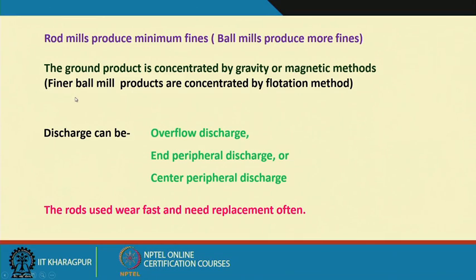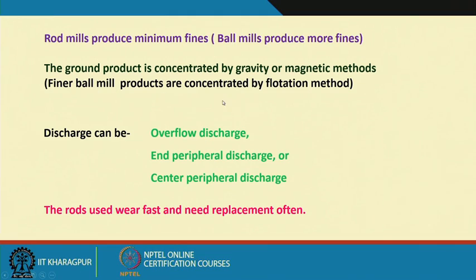But when we are aiming at a very fine product for downstream processes like flotation, which is based on surface chemistry, we need to generate a much larger surface area of the particles, so that I can exploit the surface property differences between my wanted and unwanted materials.